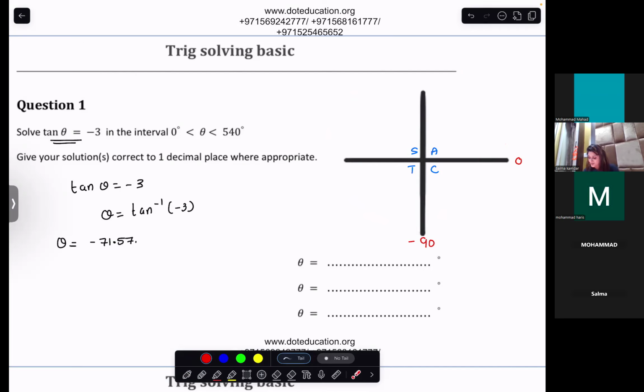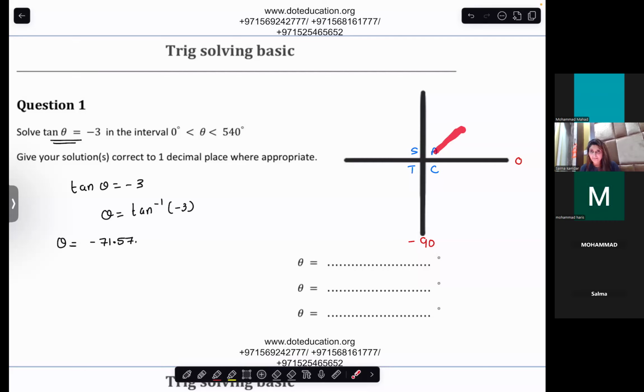Or I just write my minus 90 in the anti-clockwise direction to plot the negative angle. First thing that I'm going to do, I will write my 71.6. Where will my 71.6 be?